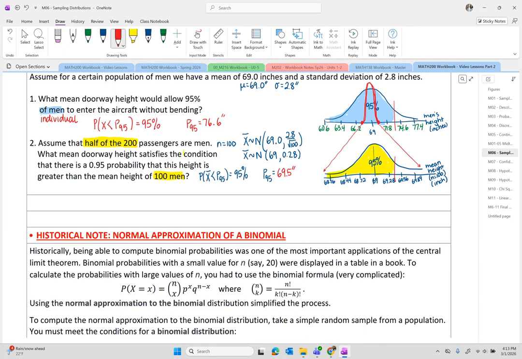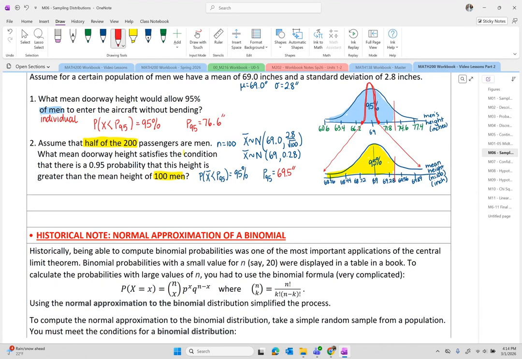So 73.6 inches needs to be the height of the doorway so that 95% of individual men can go through. 69.5 inches will be the height of the doorway so that the average of 100 men on every trip will be below that 69.5.